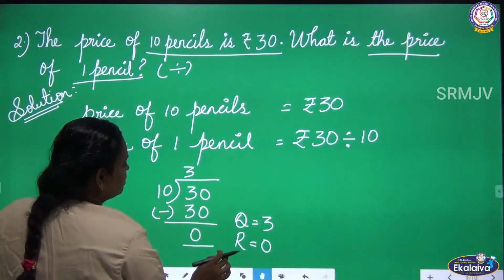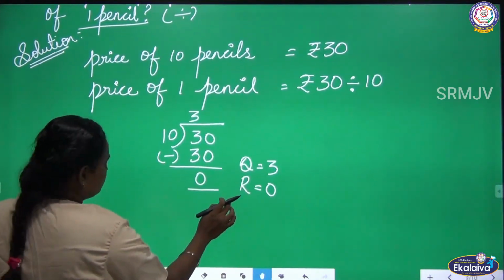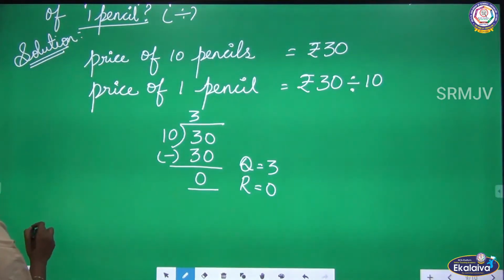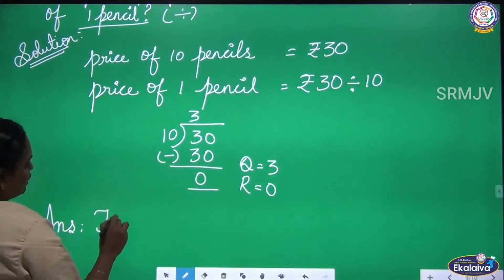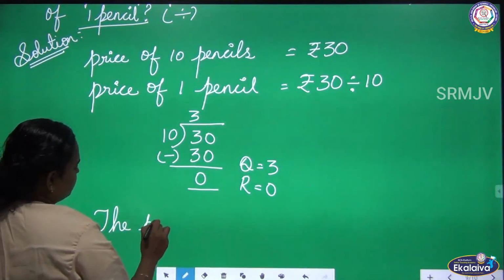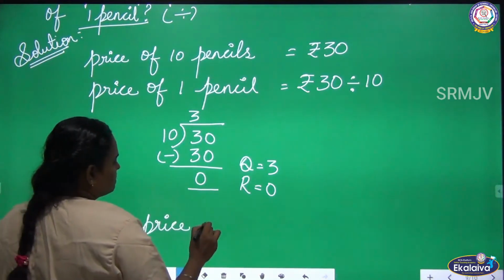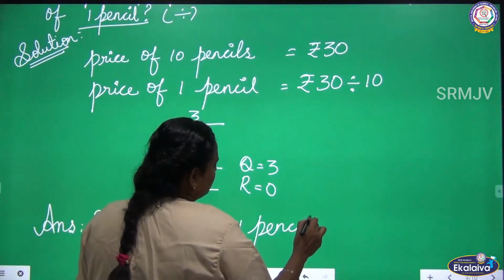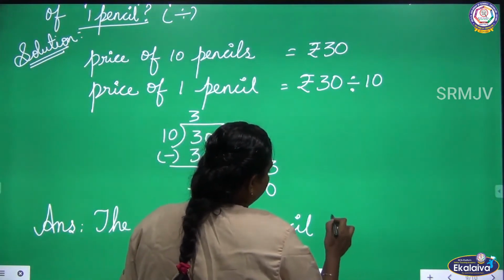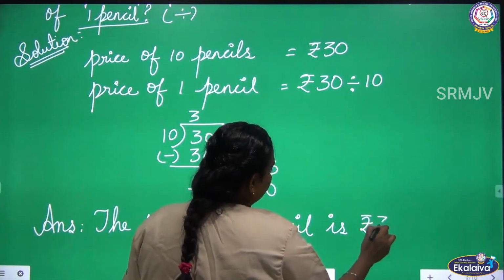Now you tell me what is the price of 1 pencil, children? So answer, the price of 1 pencil is rupees 3.